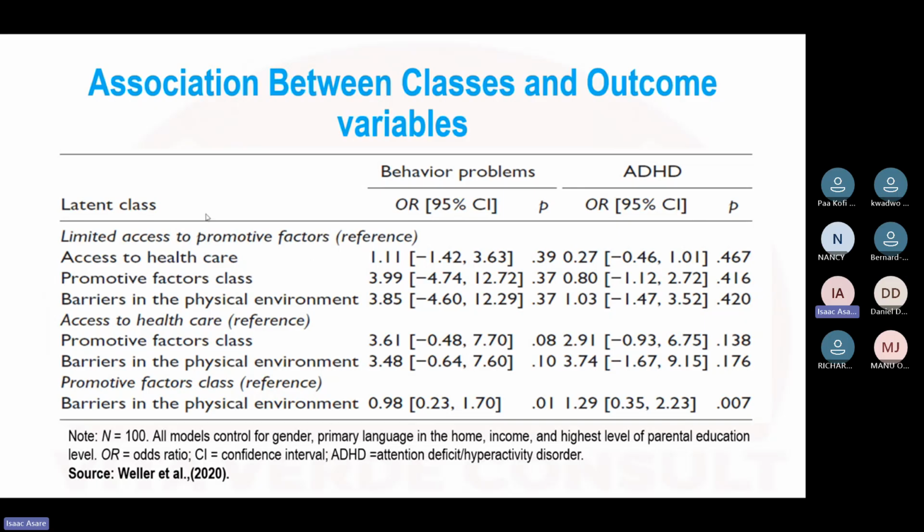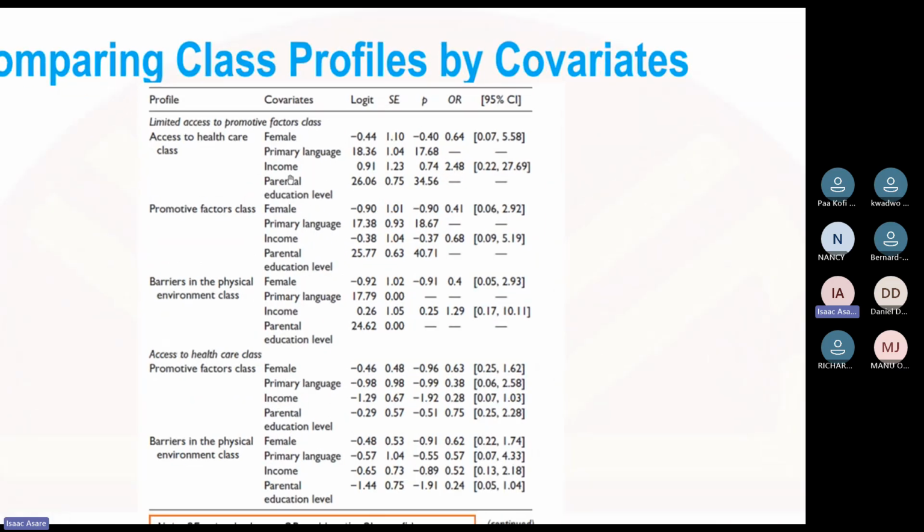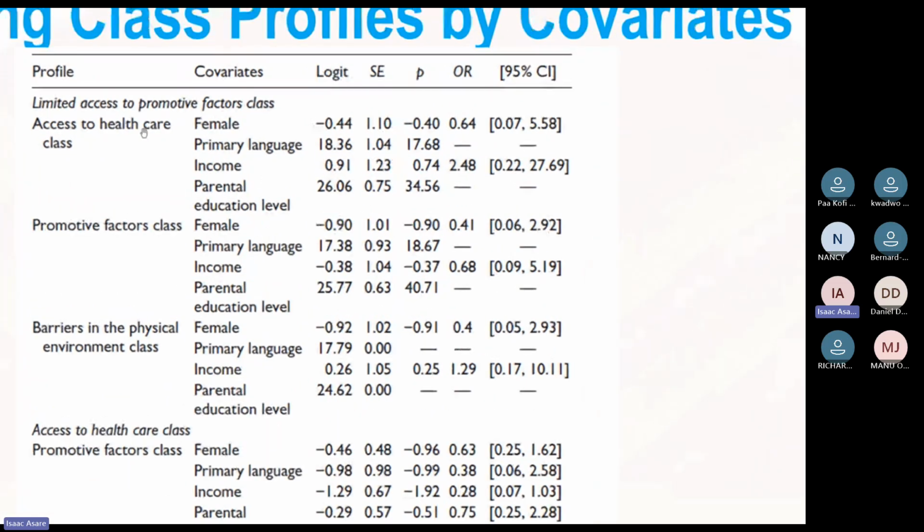Okay. Now, after you are done with this one, other researchers go ahead to compare the class profiles that you have established, that's the 4 classes, by covariates. So here, your covariate could be, let's say, gender, right? You have gender, language, income, educational level, and so on.